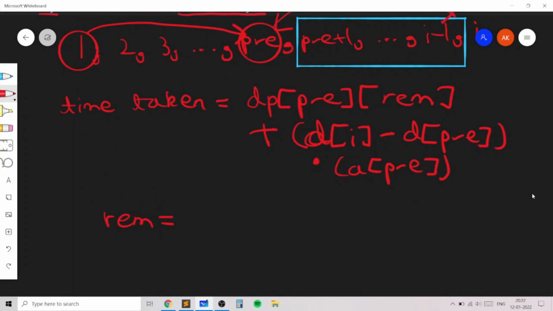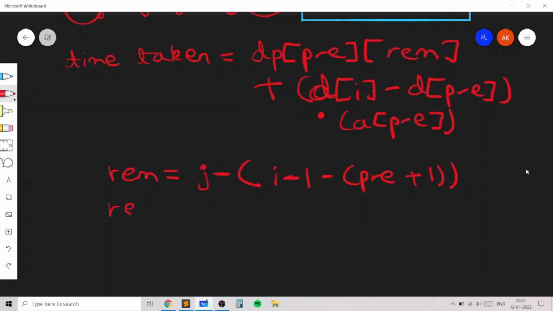So the remaining quantity is basically j minus the number of signs in this range, and the number of signs in this range is basically I minus 1 minus pre plus 1. So this is the remaining number of signs, and this value is just given by j minus I plus pre minus 1.